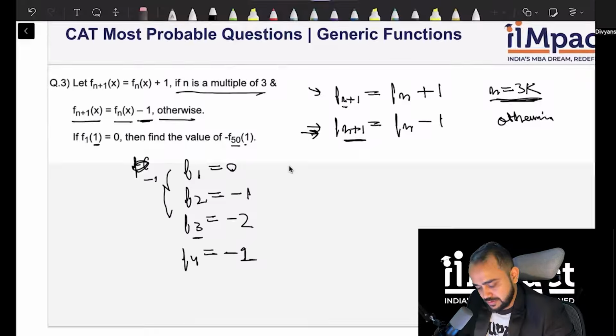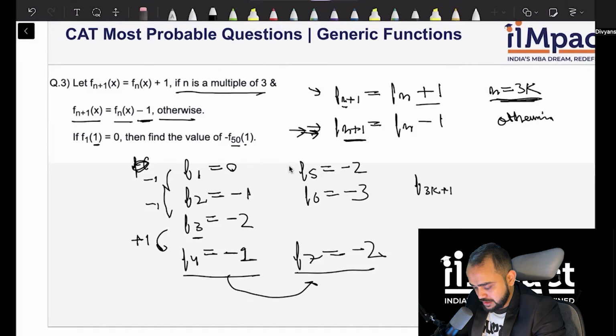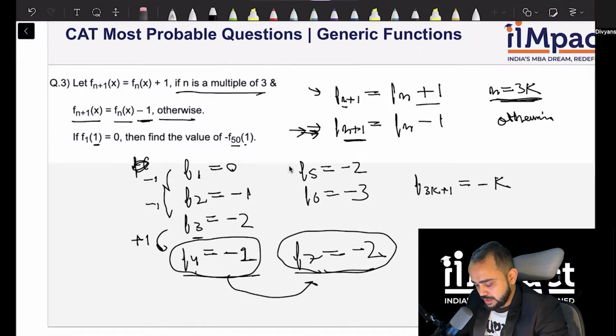So now I can form a general result here that f of 3k plus 1 is equal to minus k, because f of 4 is minus 1, f of 7 is minus 2. Similarly, you'll get f of 10 as minus 3, and so on.